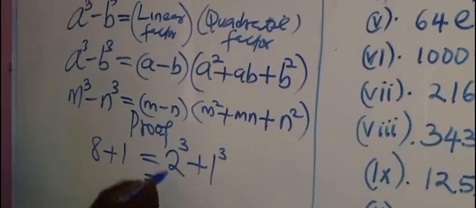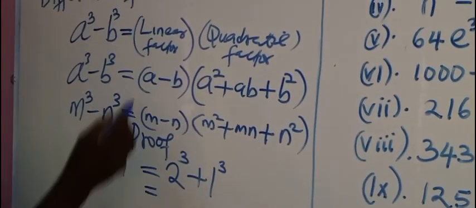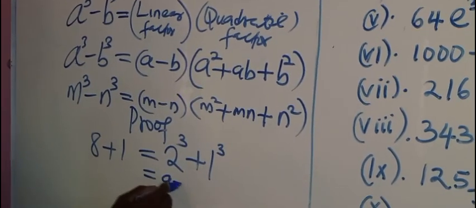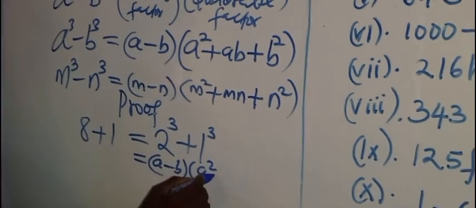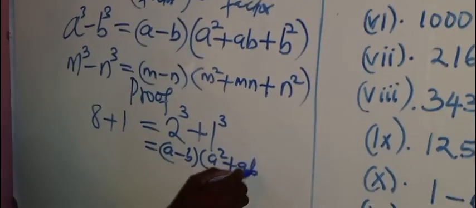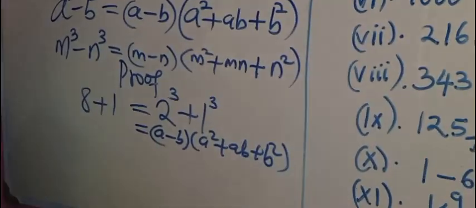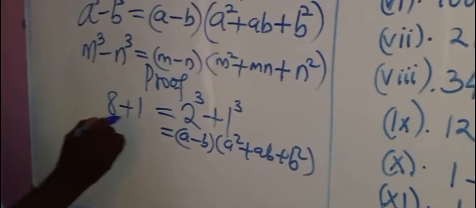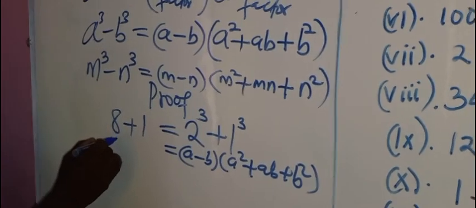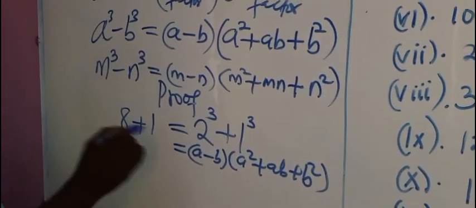Now, if I apply this formula, it will be A minus B into A squared plus AB plus B squared. Now, look at it. If you look at this ordinarily, 8 plus 1 is 9.